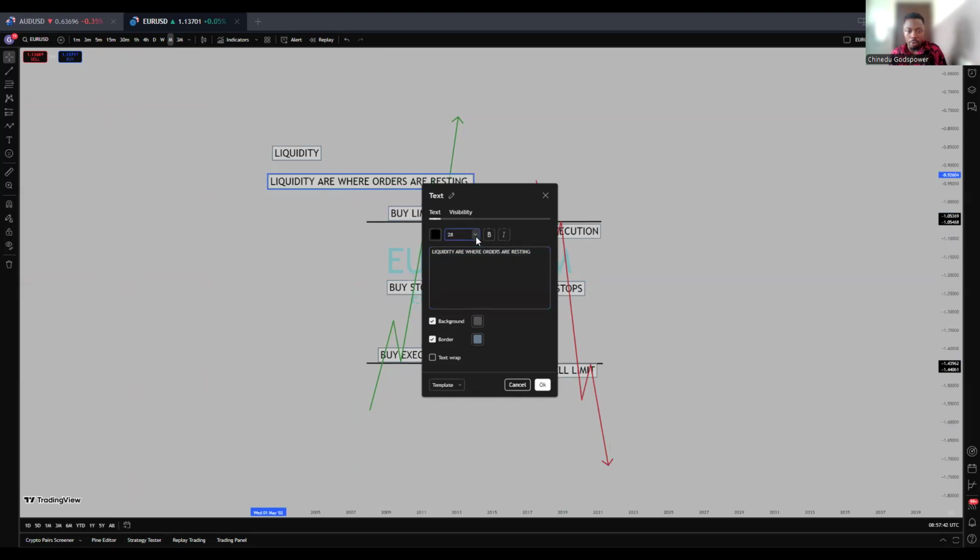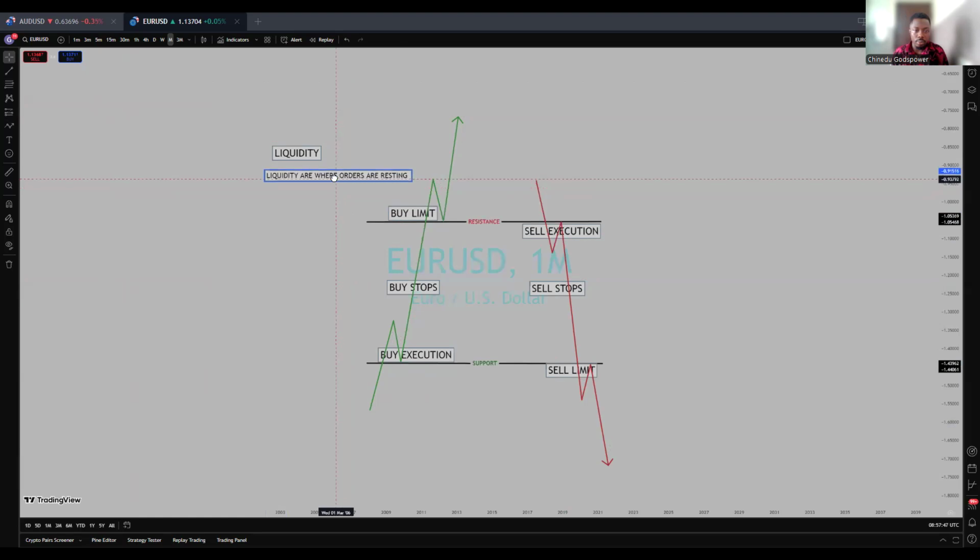Okay, we're just going to reduce the note to like 20. And where orders are resting is where smart money goes to hunt. Smart money goes here to hunt. This is basically what liquidity is.